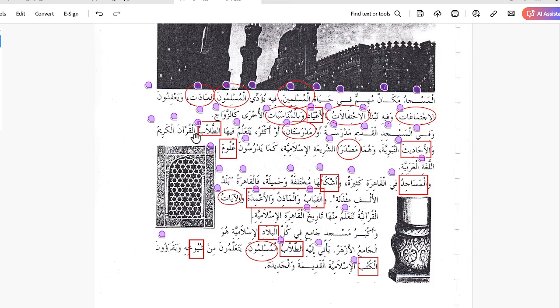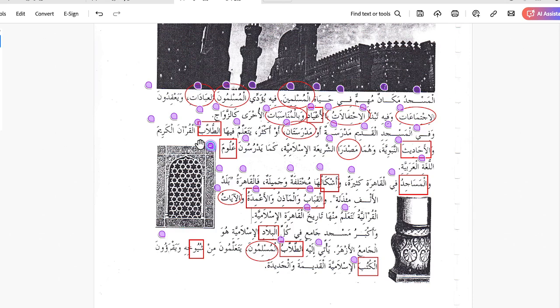Yata'allamu fiha at-tullabu al-Qur'ana al-Karim wal-ahadith an-nabawiyyah. The students study in it the Noble Quran and the ahadith of the Prophet, sallallahu alaihi wasallam. Yata'allamu is the verb, fa'ilun mudari'un marfu'un wa alamatu raf'ihi ad-damma, and at-tullabu is coming as a fa'il.